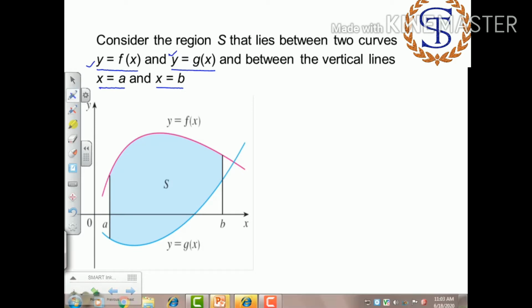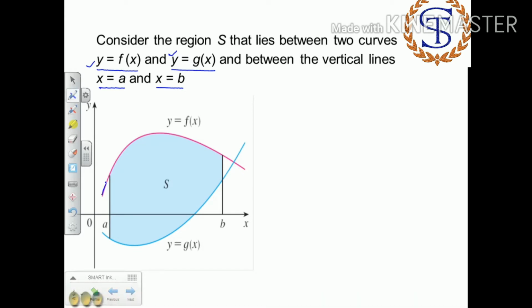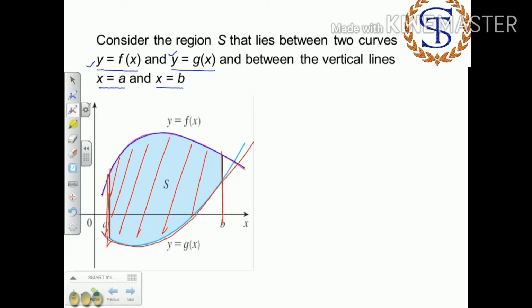This is the curve y equals f(x), and this is the curve representing y equals g(x), and these are the two vertical lines. Now we have to find the area that lies between these two curves bounded by the two vertical lines.